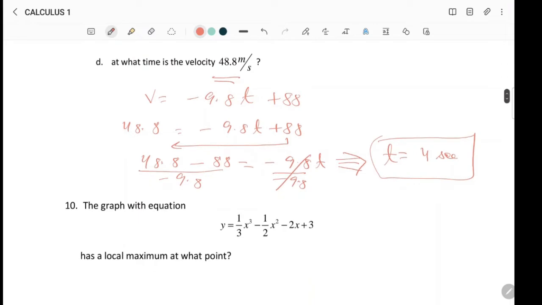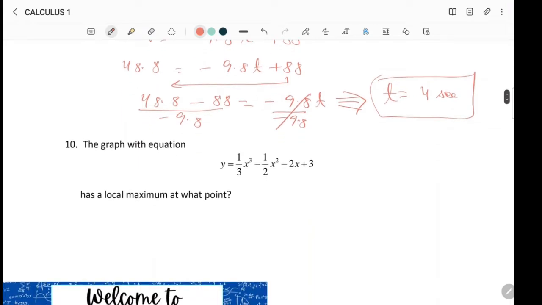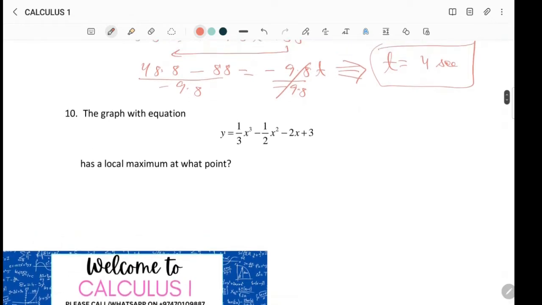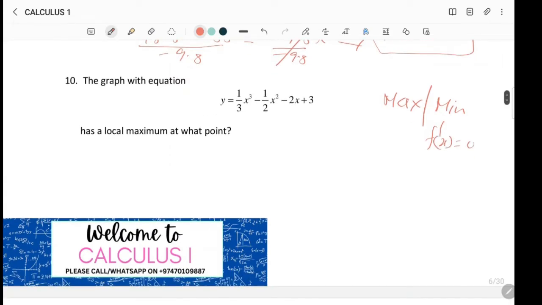At what time? So 4. Now the graph with the equation has a local maximum at what point? Local maximum. So we know that either for maximum or for minimum, f dash x must be 0.